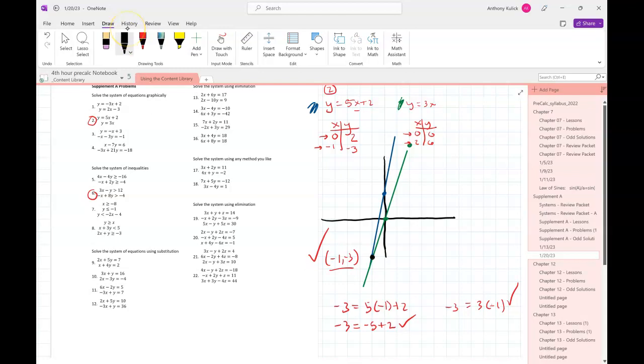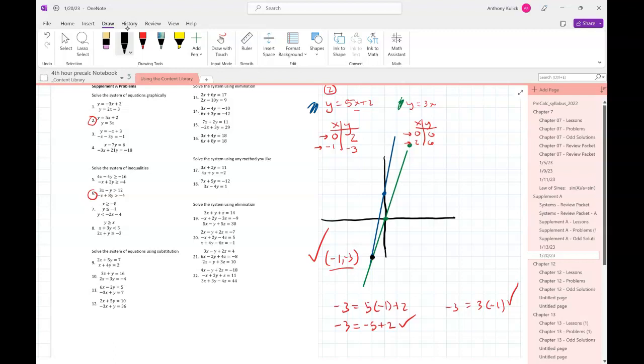If you're doing this by hand, what do we have to be careful about? Neatness is going to count here, right? It's going to be tough to find the intersection correctly if you don't have equal tick marks and you have a crooked X and Y axis.